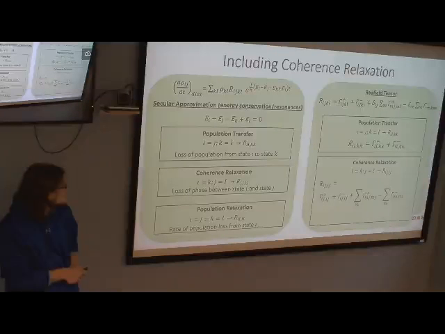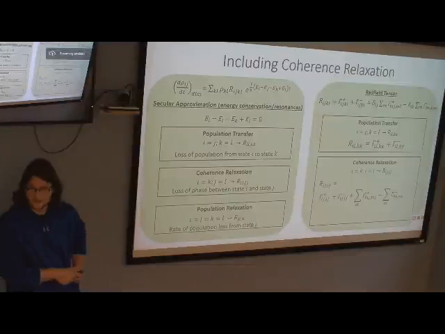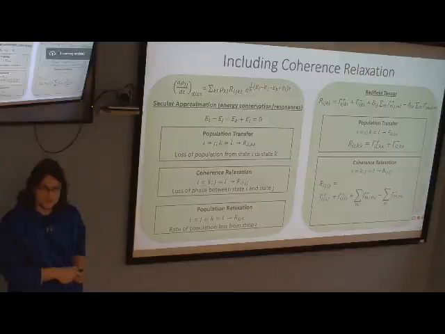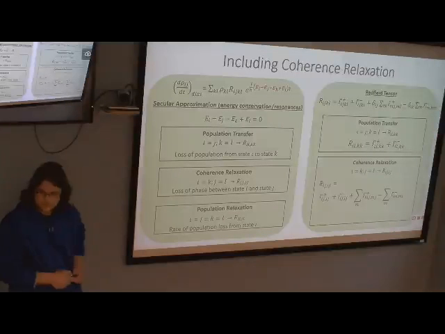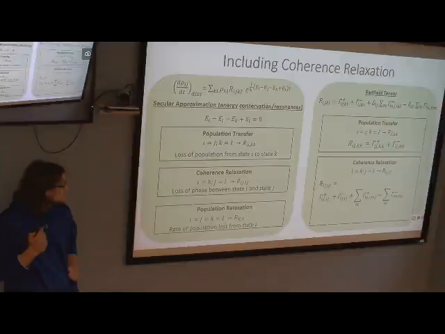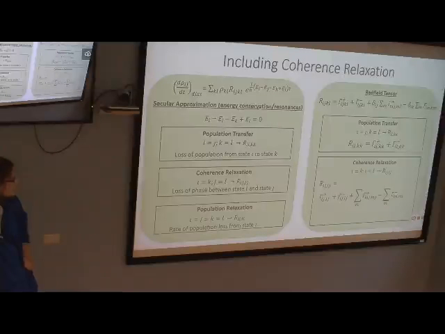In practice, the thermal excitations, or the plus term, will be much, much less than the de-excitations due to Boltzmann factors or detailed balance. So essentially this minus term will give the prominent rates for the dynamics. That's the population transfer.